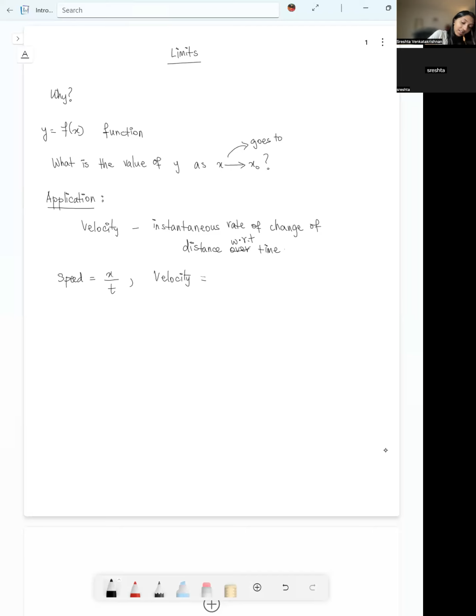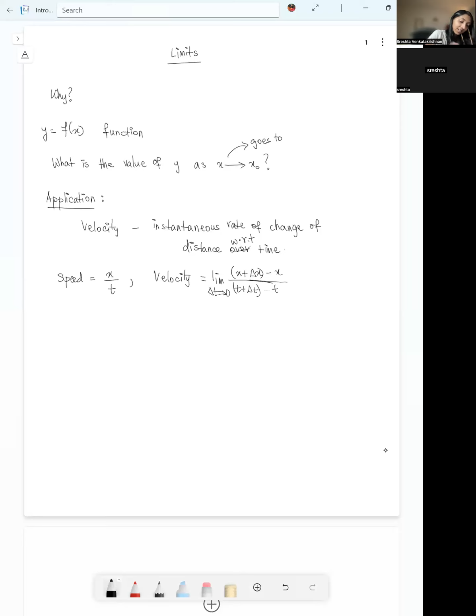So suppose you have x of t plus delta t minus x of t, over delta t. That's the displacement that happens in that time. So you're taking the limit as delta t goes to 0.